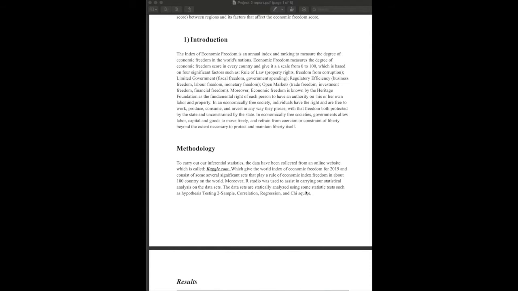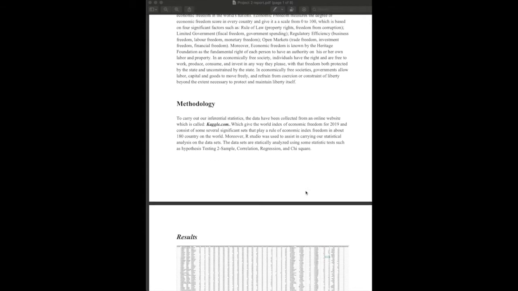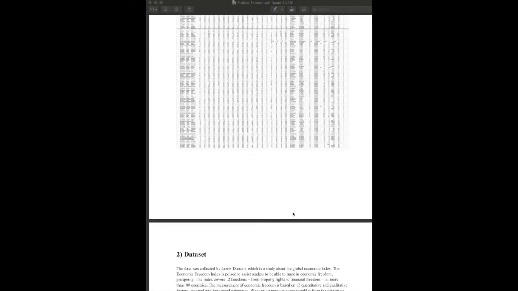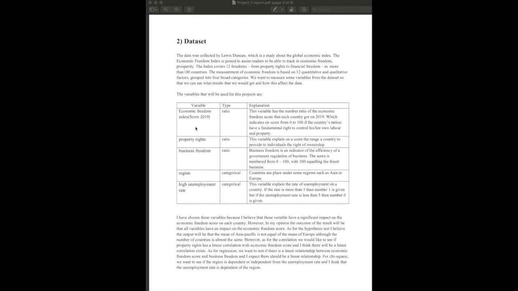Those variables are the Economic Freedom Index, which is the score in 2019. This variable has the ratio of the economic freedom score that each country got in 2019, on a score from 0 to 100, indicating if the nation has a fundamental right to control property.